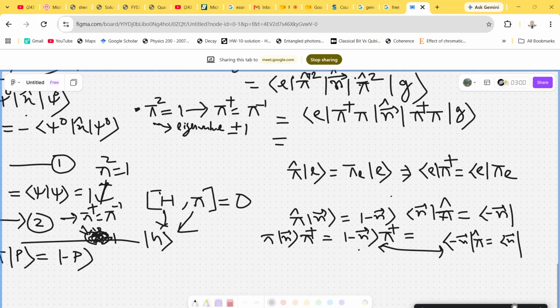So if we apply pi to minus r, you will get r, right? Now if we apply the inverse of pi, what will happen? The inverse of pi applied to minus r, it will invert the result, right? So r may become minus r. That I have to derive now. How to derive this one?